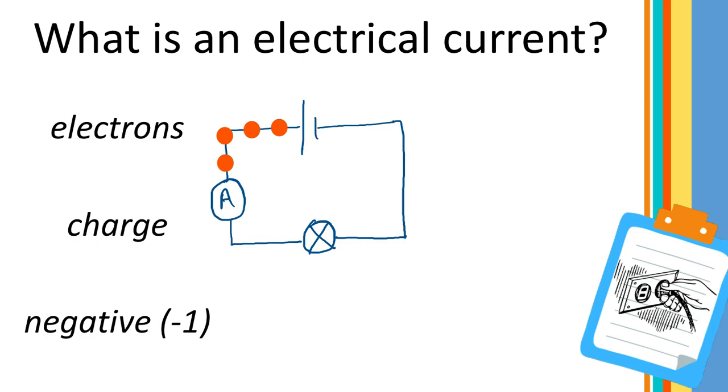We can talk about protons, they have a positive charge. We can talk about neutrons, which have a neutral or a zero charge, but in this case and the whole of the electrical topic, we're talking about electrons, and they have a negative charge. So we can talk about electrons moving around the circuit, or we can talk about charge moving around the circuit. Electrons are a type of charge.